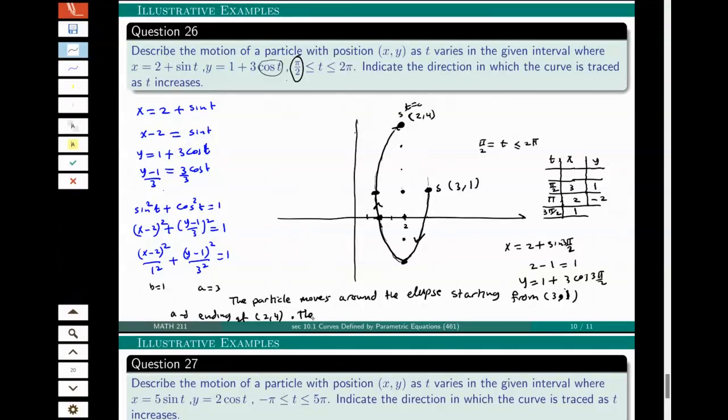The journey, or the trip, takes only 3/4 of the ellipse.